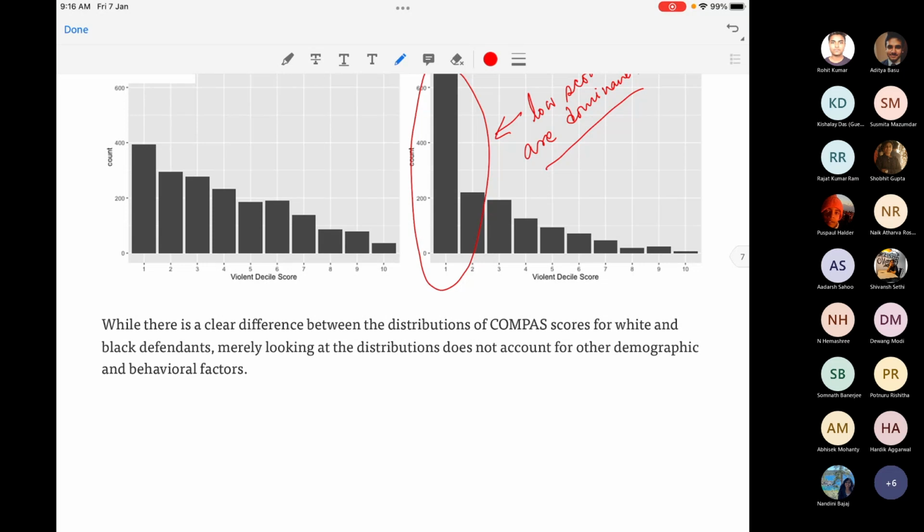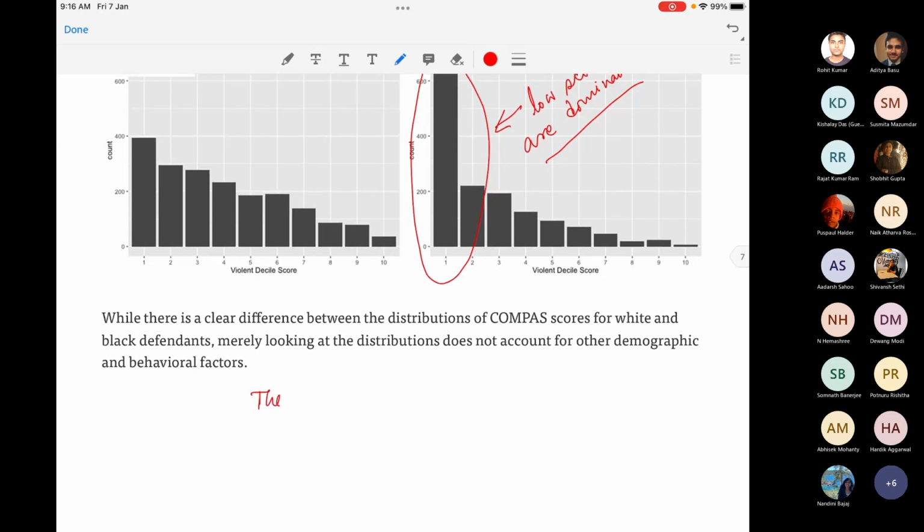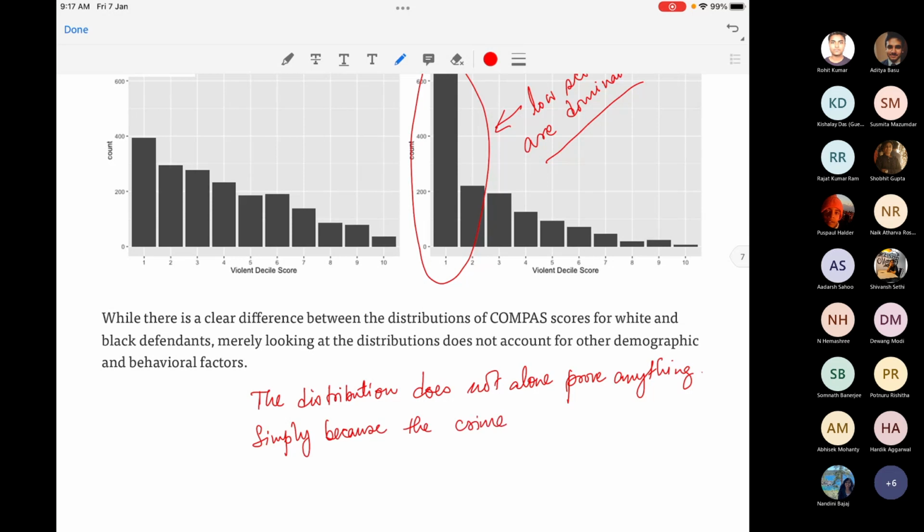Okay. So this distribution alone does not prove anything, simply because the crime rates for the two communities might be different.